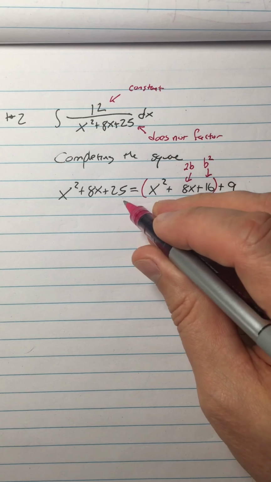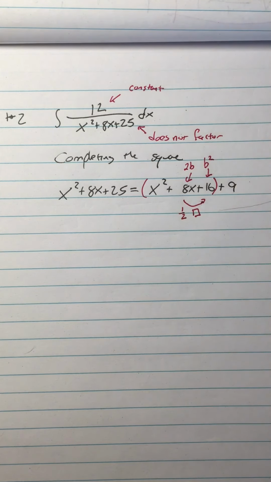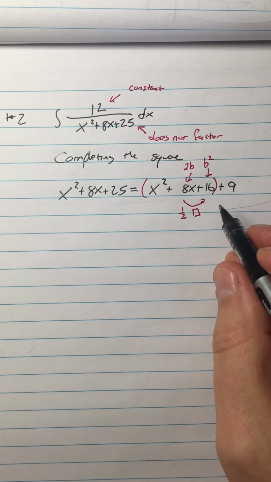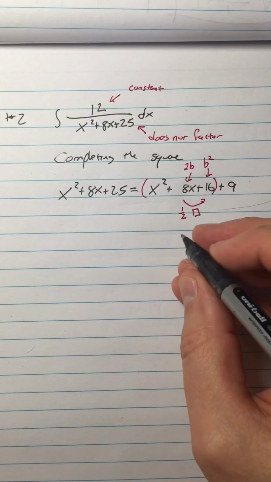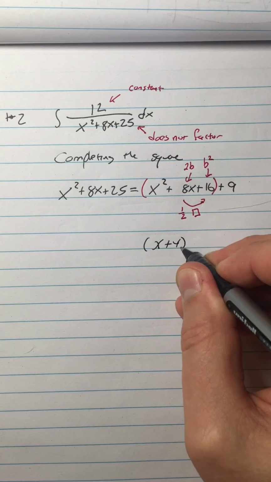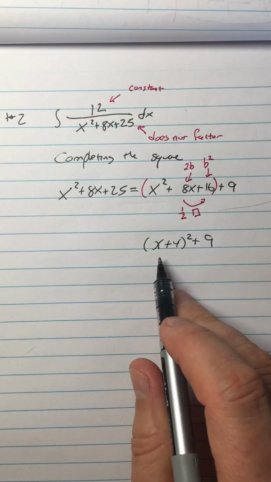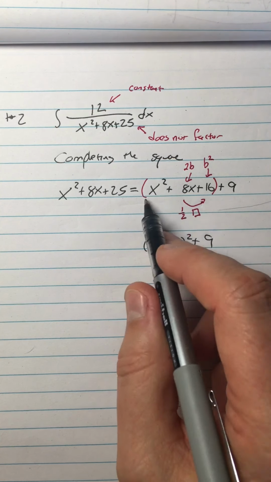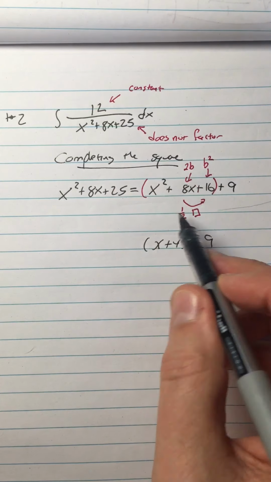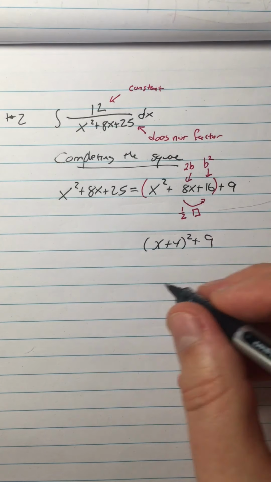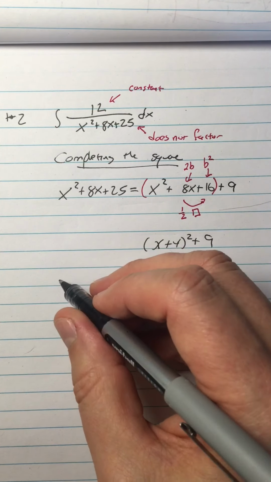That tells me what number to pull out of the 25. So then that means that I can write this as x plus 4 squared plus 9. All right, so x squared plus 8x plus 25 is really x plus 4 squared plus 9. This technique is called completing the square. You've probably done it before in Algebra 2 and Pre-Calculus in other contexts.